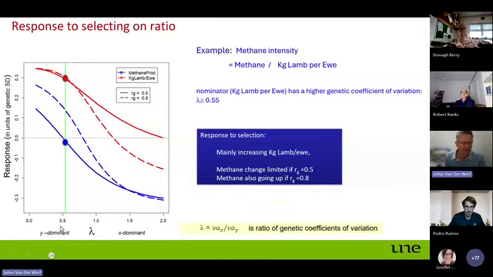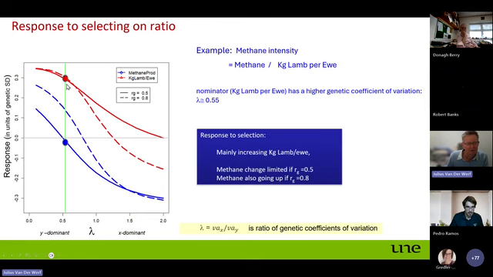So if you have lambda values below 1, and Mark showed for milk it was even here, if you select on the ratio, like on intensity, so you select for lower ratios, the denominator, which is productivity, goes up a lot, and methane itself also goes up, but it goes less up if the correlation is lower.